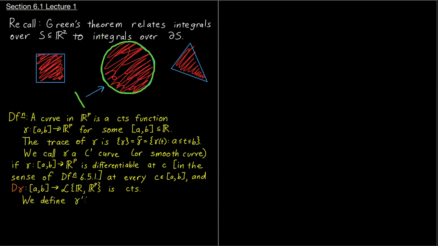So we're going to define gamma prime of C as our derivative d gamma of C evaluated at 1. And notice that this means d gamma of C, the linear operator, if you plug in any real number s, because it is linear, you can pull the s out, and you get s gamma prime of C.